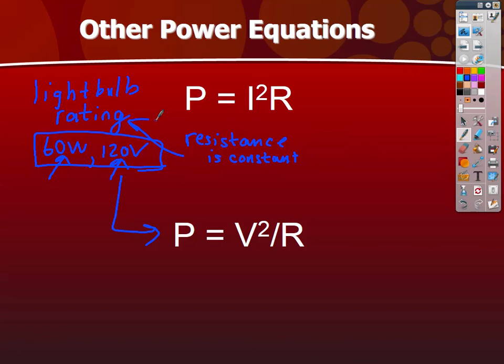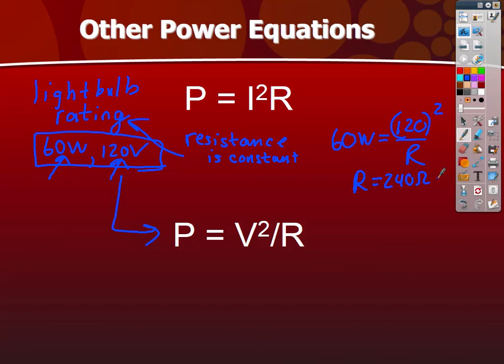So I would do something like this, where I would do 60 watts equals 120 squared over R. Let me do it real fast just to make sure: 120 squared divided by 60 is 240. R would equal 240 ohms.